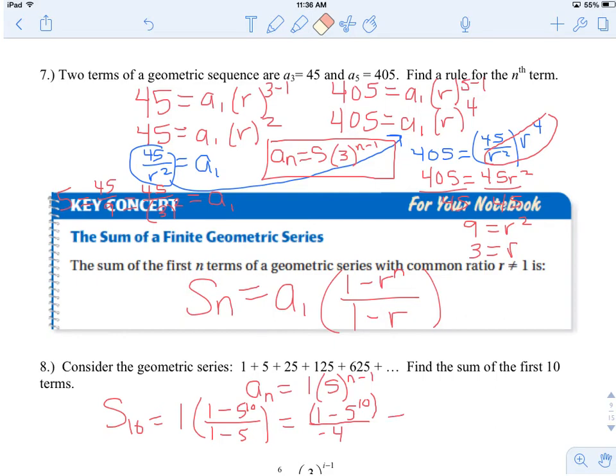You should then get the correct sum, 2,441,406. Take a second, pause this video, and try that calculation in your calculator. Make sure that you really are able to correctly type that and get 2,441,406.